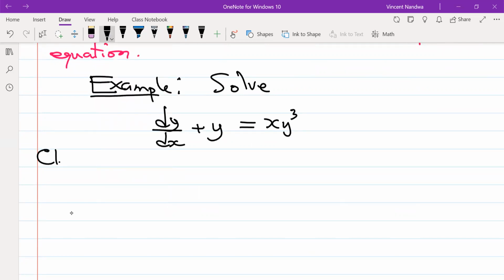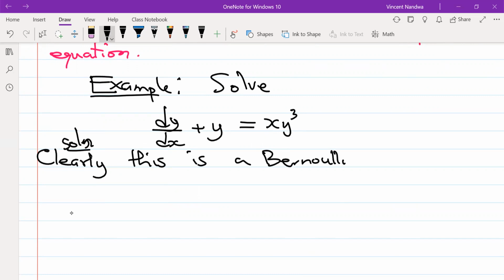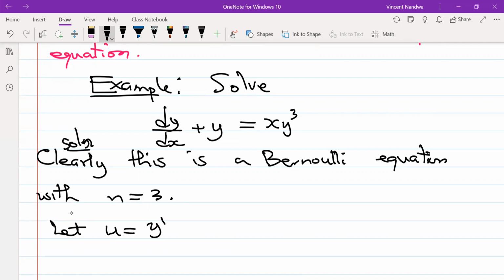Clearly, this is a Bernoulli equation with n as 3. So we let u be y raised to the power 1 minus n, which is y raised to the power 1 minus 3, which is y raised to the power minus 2.